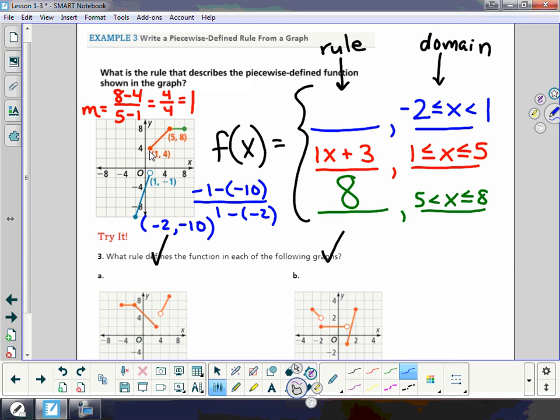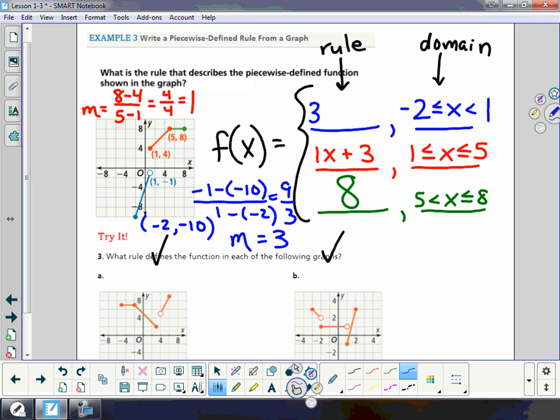What's the difference to go from -10 up to -1? That should be a difference of 9 over. How far is it to get from -2 over to +1? So for the x, we have a change of 3. So the rise is 9, the run is 3, making the slope 3 for this line.